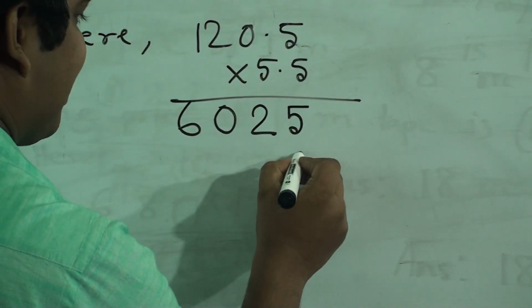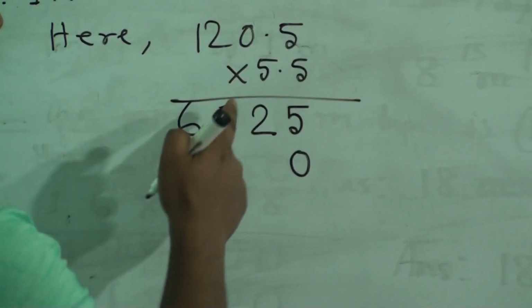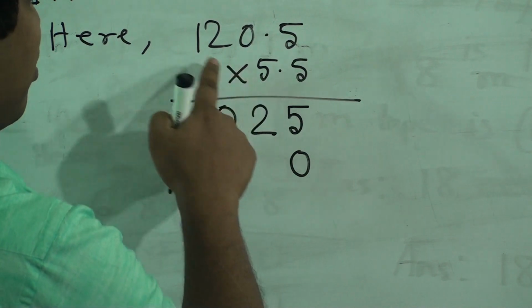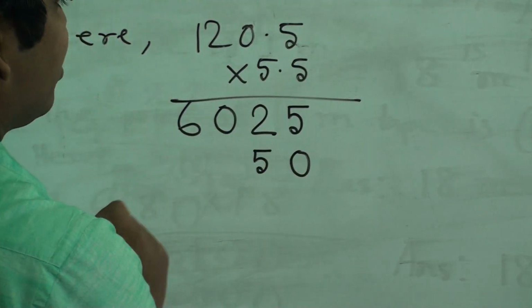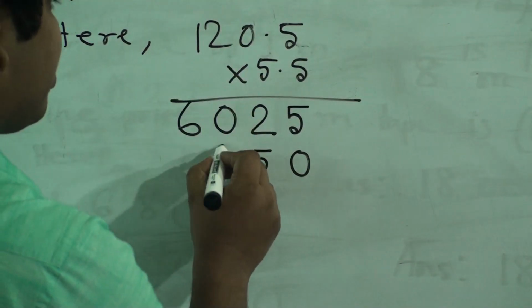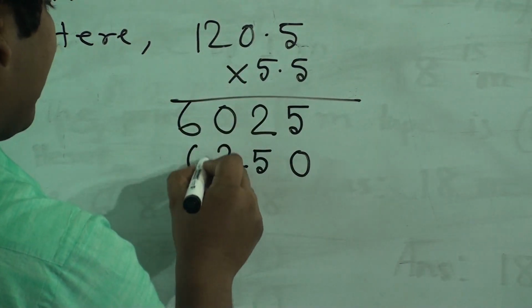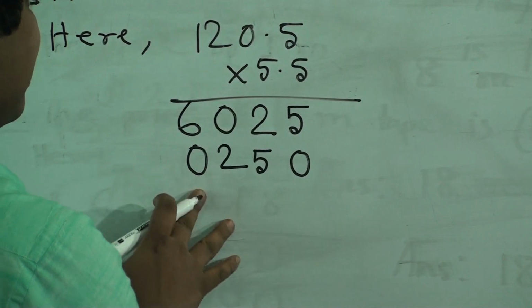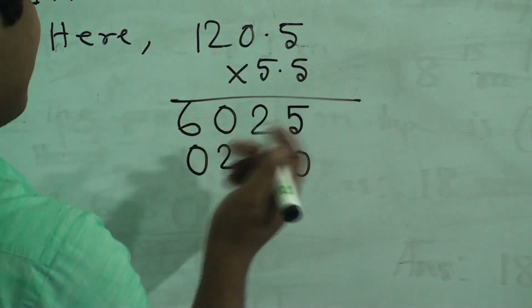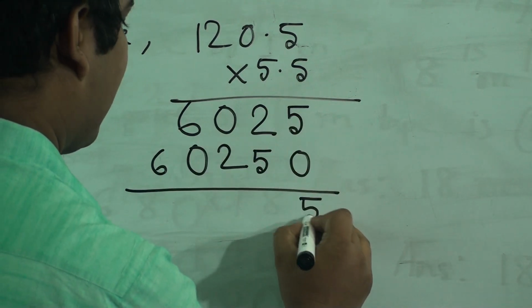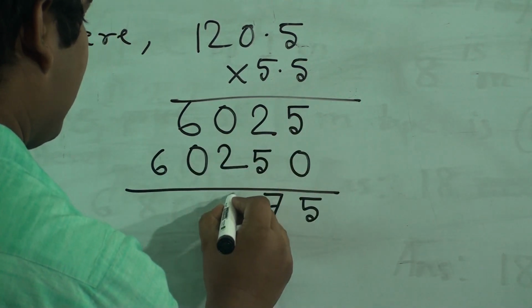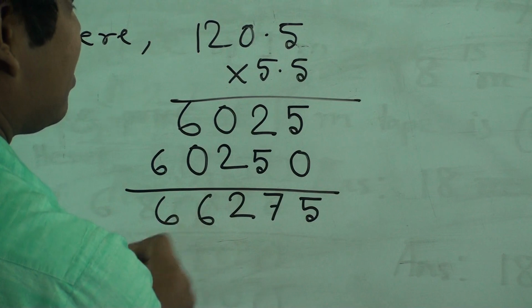Now ones place done, so we write here 0. Then again we multiply 120.5 by 5, the same way. Now we do addition.